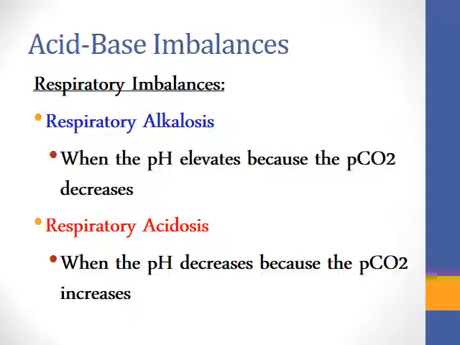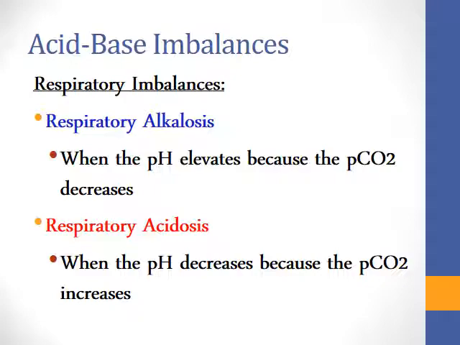You have those two different terms there, your respiratory or your metabolic, so that's how you'll tell those apart. And then your alkalosis and your acidosis depends on the numbers that we're dealing with and how it correlates to your pH. Respiratory alkalosis would be when the pH elevates because the PCO2 decreases. Respiratory acidosis, when the pH decreases because the CO2 increases.